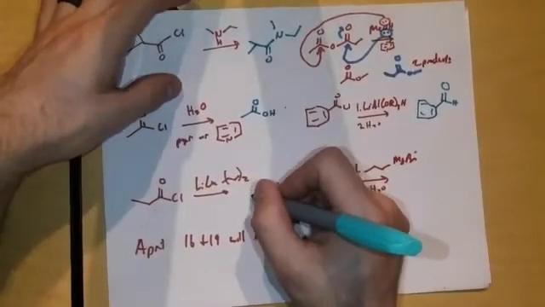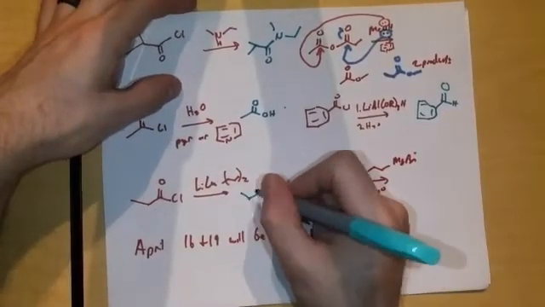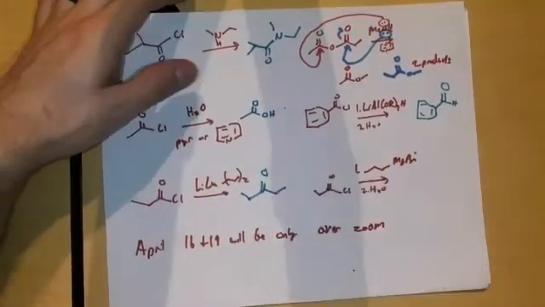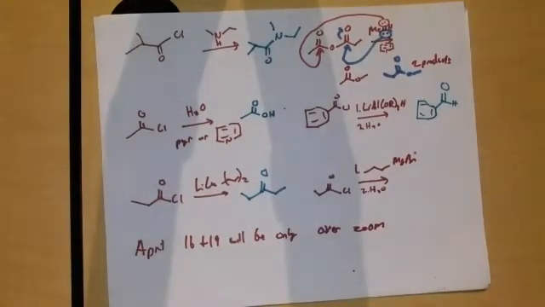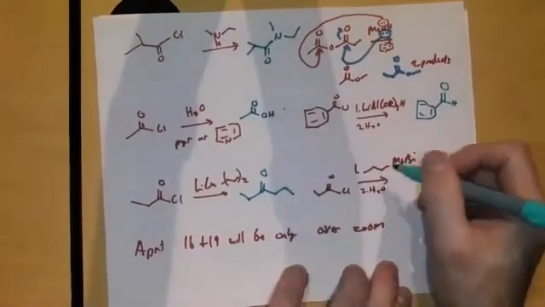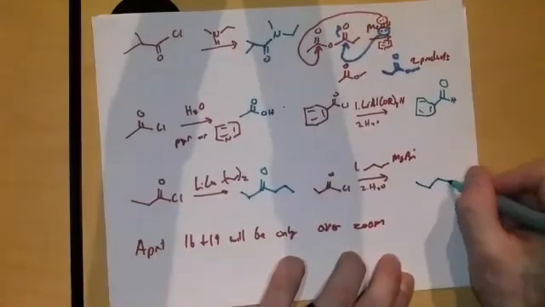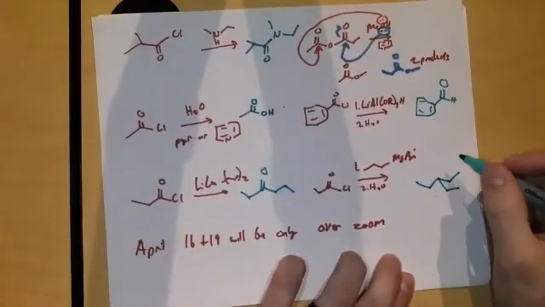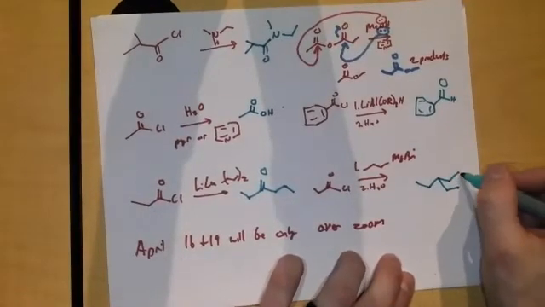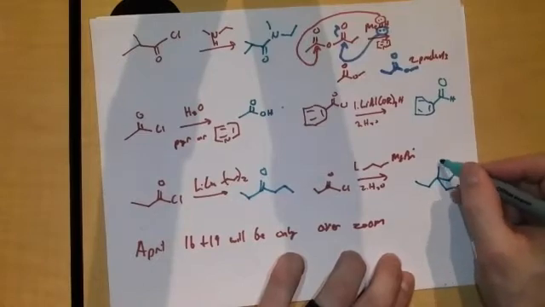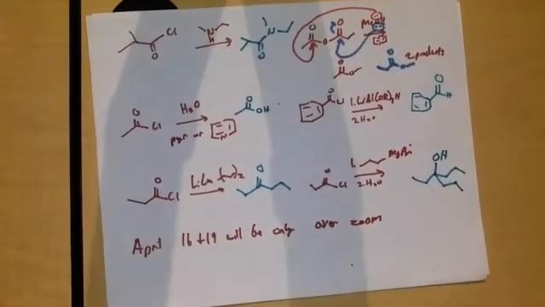This is our selective one. It's going to give us just the ketone versus a Grignard, which is going to be our pretty heavy alkylating reagent. This is going to end up alkylating twice to give us our alcohol here.